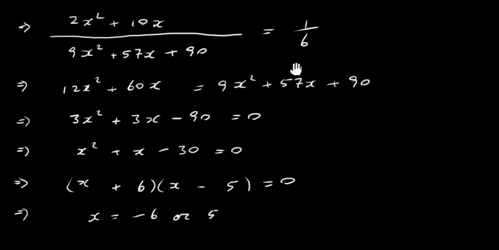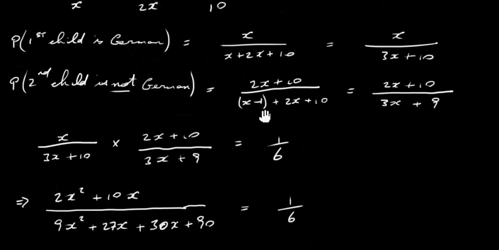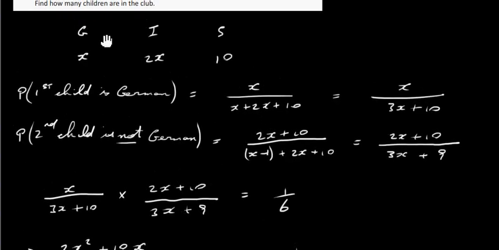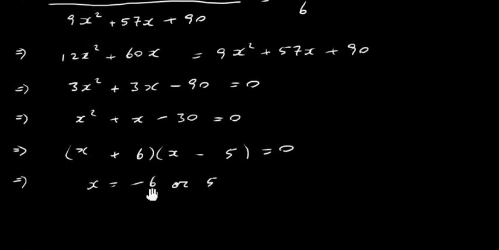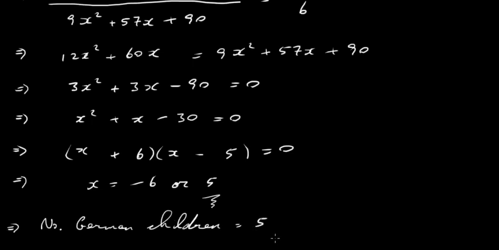Now what is x? If we go right back to the top, x is the number of German children. So clearly x can't be minus 6. We're not going to have minus 6 children. So the number of German children is equal to 5.